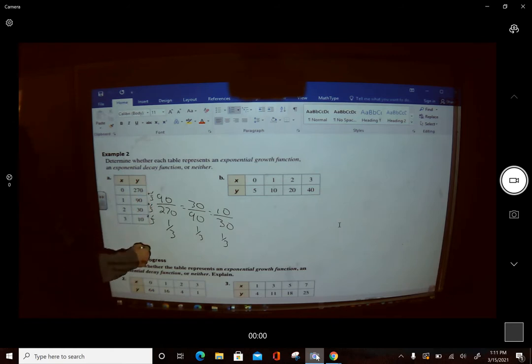So we have a constant multiplier. And you can tell that we are going down in value. So we have an exponential decay function. It's exponential because we have a constant multiplier and the y's are decreasing. So this one would be exponential decay.